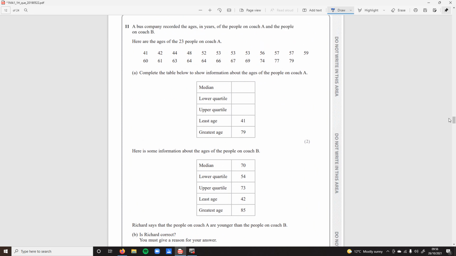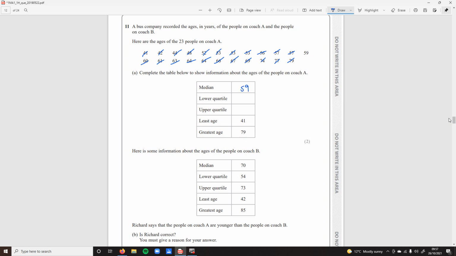Okay. A bus company recorded the ages in years of the people on coach A and the people on coach B. Here are the ages of 23 people on coach A. Complete the table below to show the information about the age of the people on coach A. So the median... Oh god, why can I never do this normally? $59.